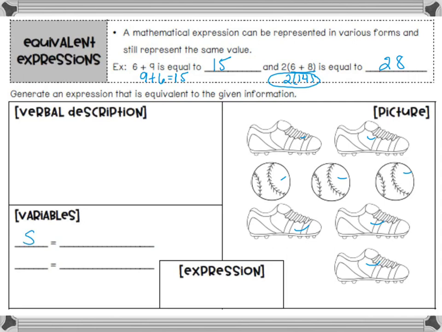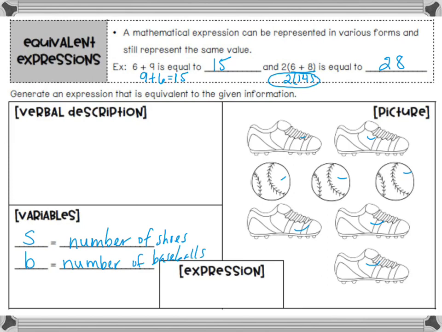I'm going to use s to represent the number of shoes. And I'm using s just because it's going to help keep me organized since I'm talking about shoes. And remember, your variables are always going to be lowercase. I'm going to use b to represent the number of baseballs. Again, making sure that that's lowercase.